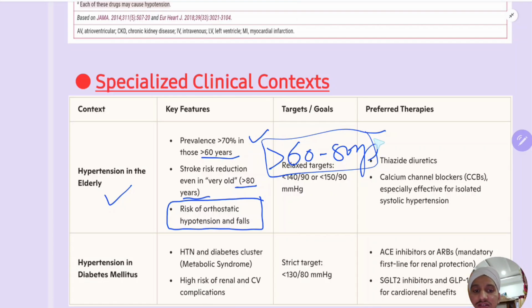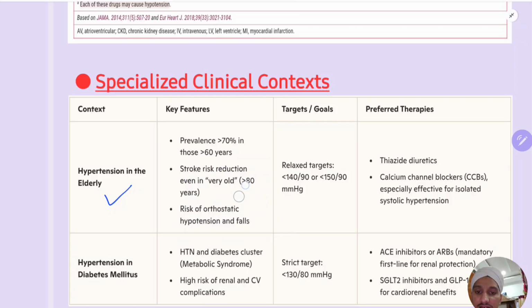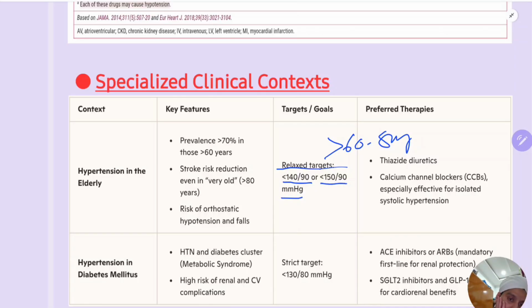That's why the target BP is not too tight in these patients. In patients aged 60 to 80 years, the targets are relaxed. If you can achieve less than 140 by 90, well and good. If you can't, then less than 150 by 90 is also okay.